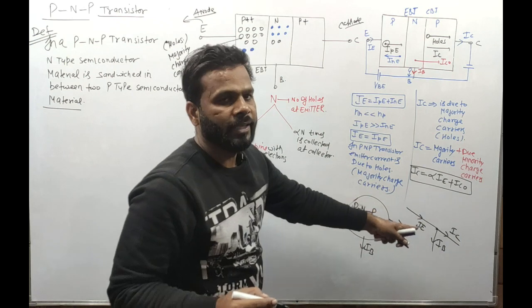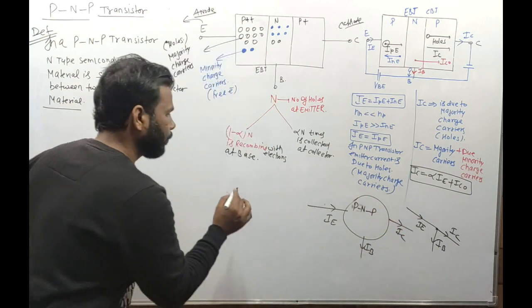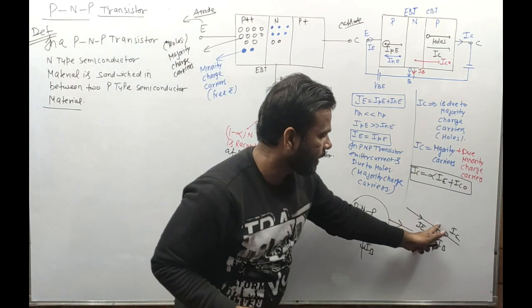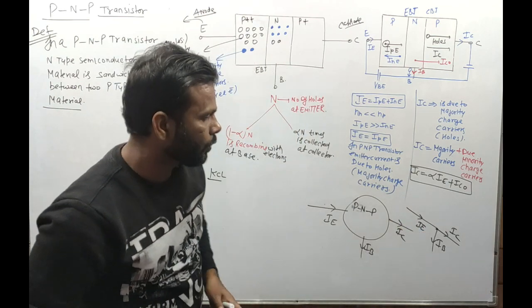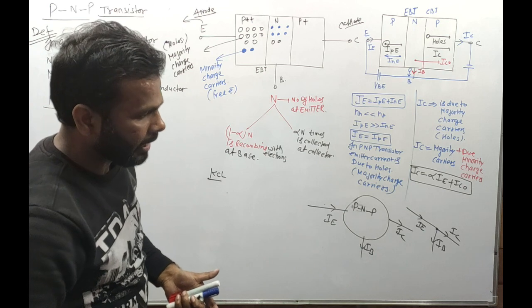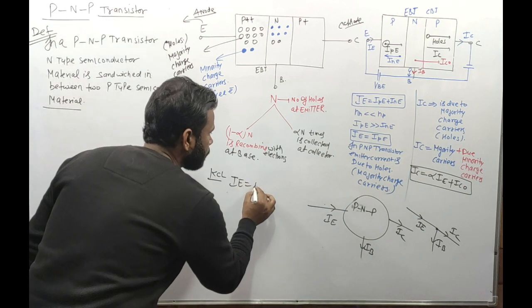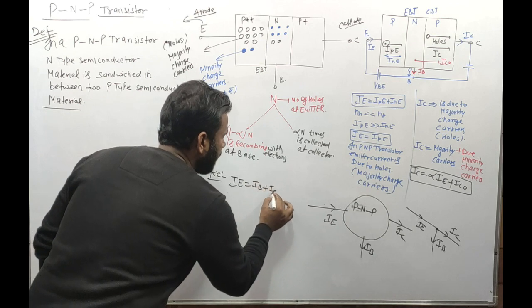Now if you apply KCL, according to KCL, the algebraic sum of all the currents at a particular node or junction is 0. So IE is incoming and IC and IB are outgoing. So IE is equal to IB plus IC.